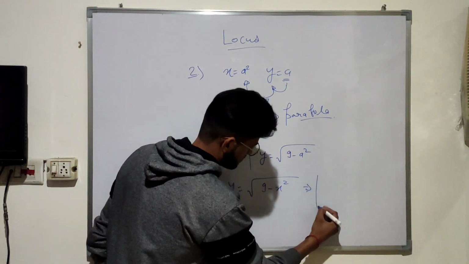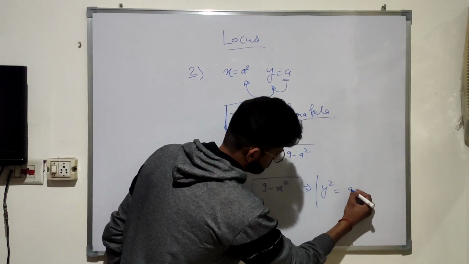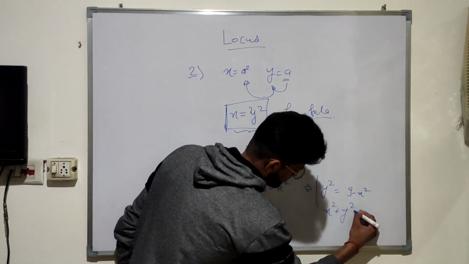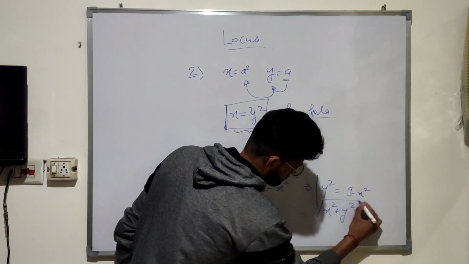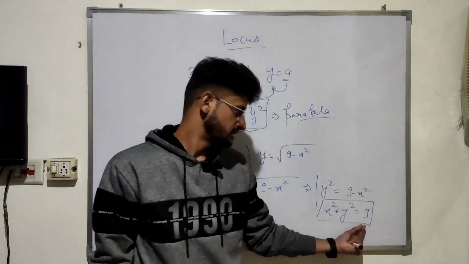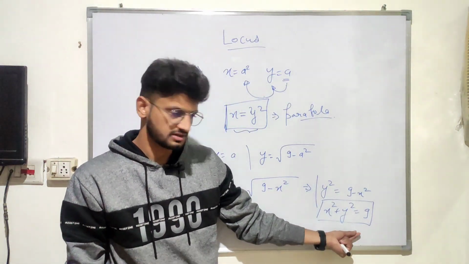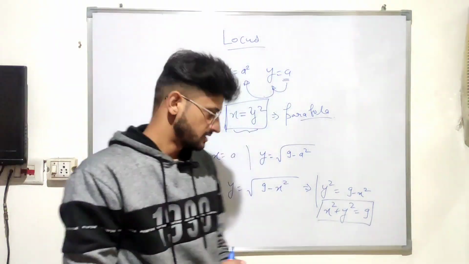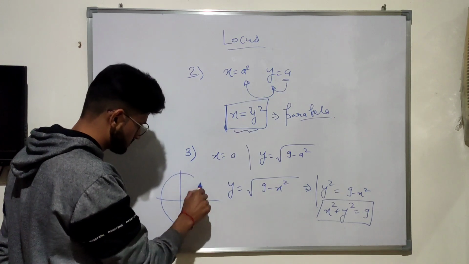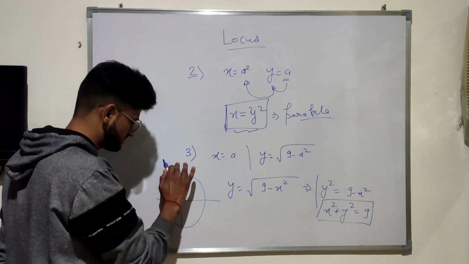After squaring, y square equals 9 minus x square. Again, if we solve it, we get x square plus y square is equal to 9. It is nothing but a circle with radius 3. Let me say that here, suppose we are getting this equation, and this is a circle of radius 3.